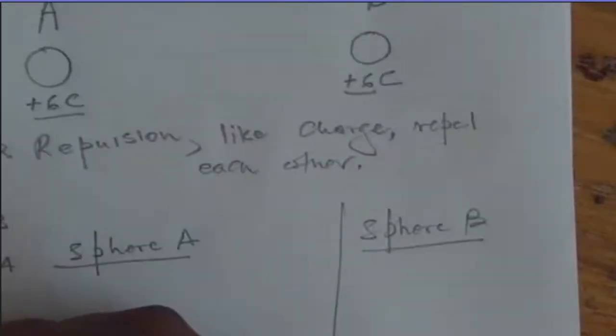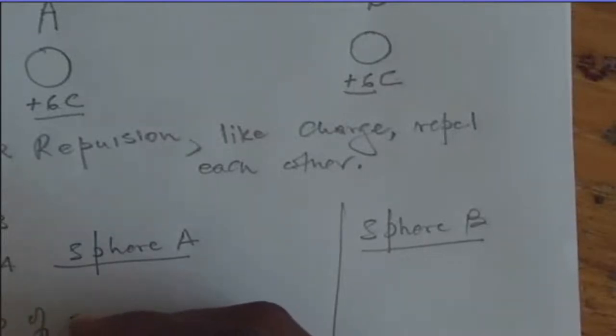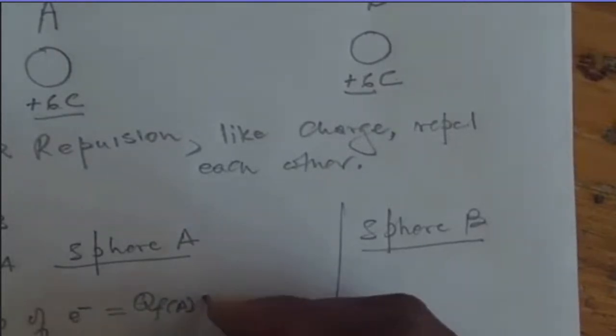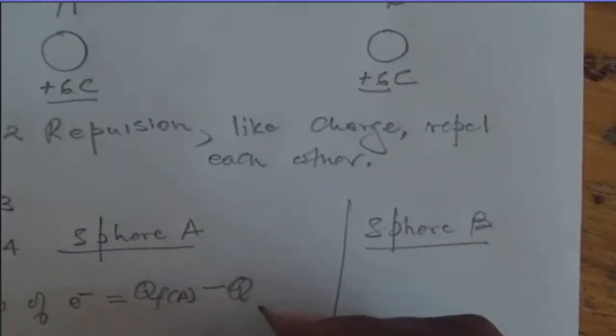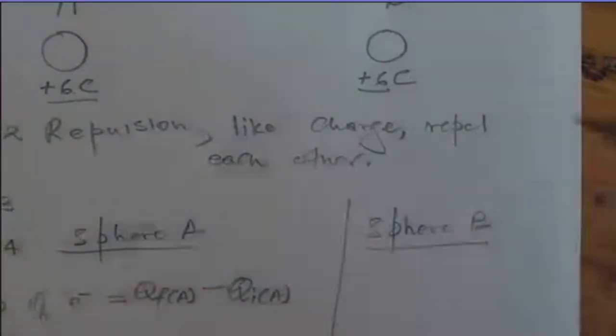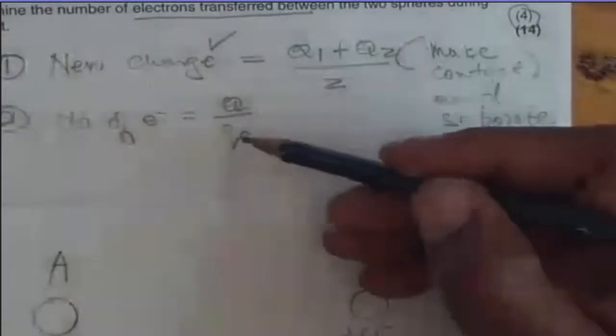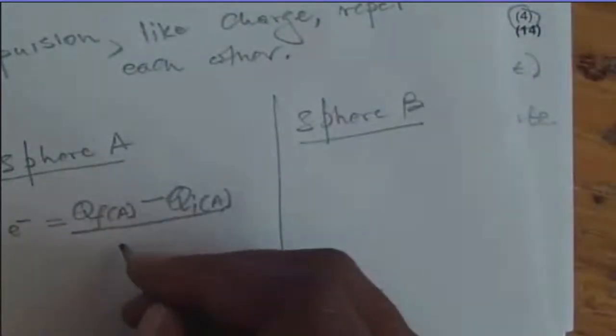The easy way is to say the number of electrons will be Q final for A minus Q initial for A, because the electrons were transferred. Initially I was having this, finally I was having that. That is why I'm saying Q final minus Q initial divided by the charge of an electron.